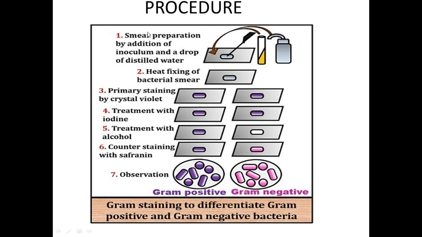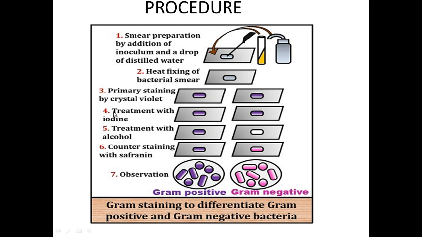After smear preparation, that is, you add an inoculum of your bacteria on the slide, then you heat fix the bacteria on the slide. Then the main step is the primary staining method. Now the primary staining method is you adding the crystal violet to the smear sample, then you add an iodine. The iodine in this case is called a mordant.